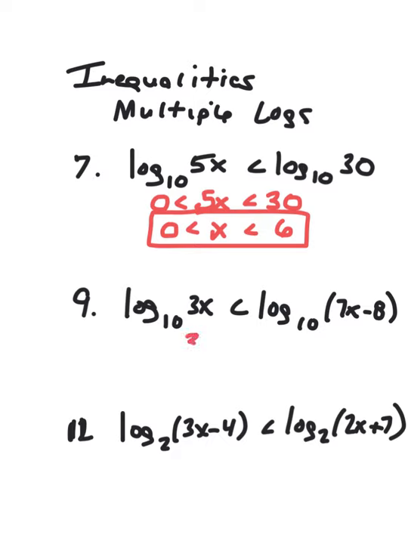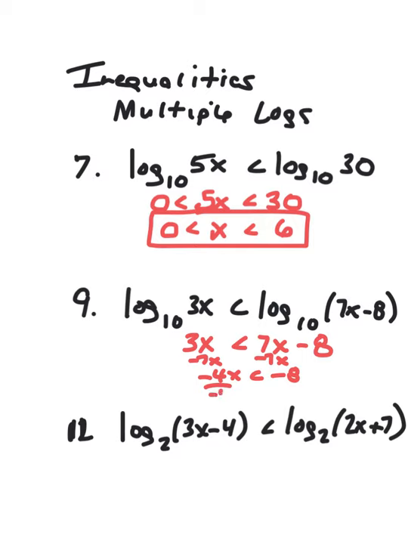For number 9, 3x would have to be less than 7x minus 8. In this case, I could try to solve for x here. If I subtract 7x from both sides, I'd have negative 4x is less than negative 8.